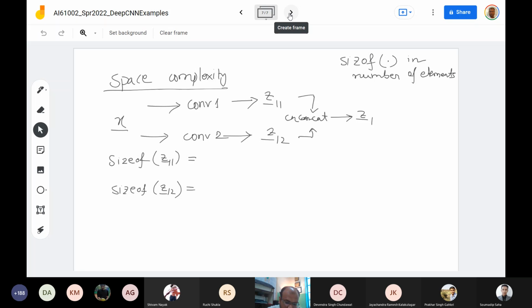So zero. 48 cross 55 cross 55. Z1. 48 cross 55 cross 55. Okay, so how much is that? 145200.